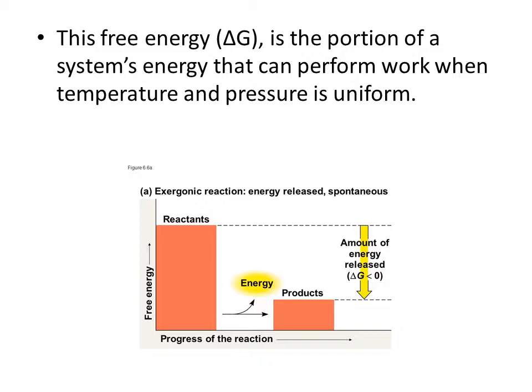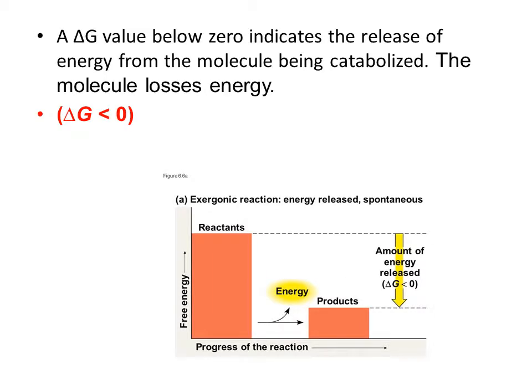This free energy is the portion of the system's energy that can perform work when temperature and pressure are uniform. That is referred to as the delta G, the free energy. A delta G value below 0 indicates the release of energy from the molecule being catabolized.